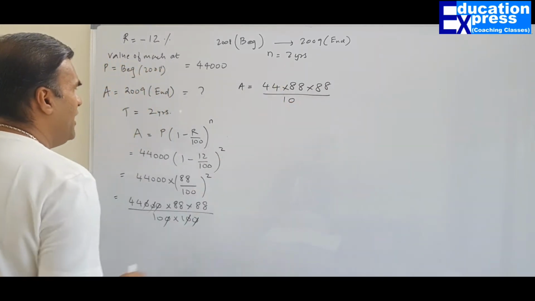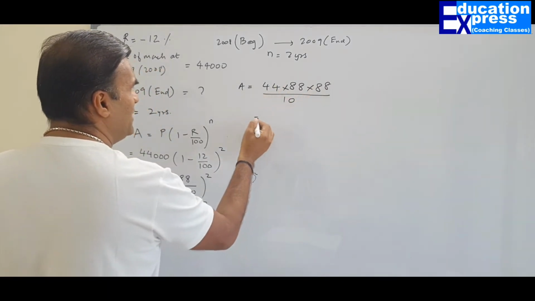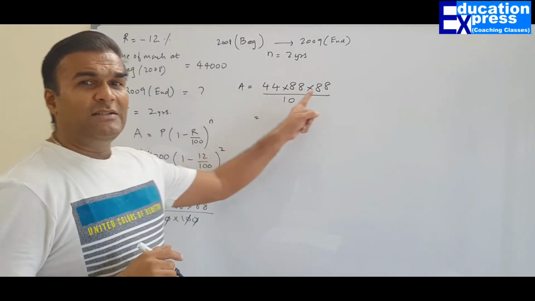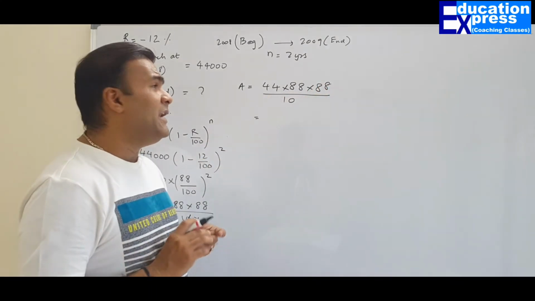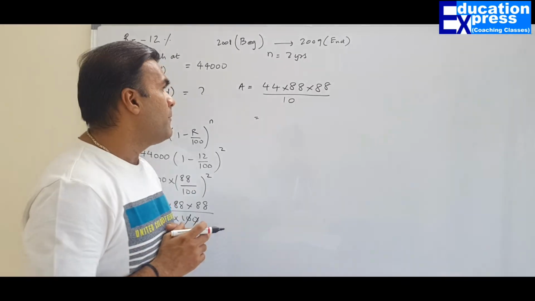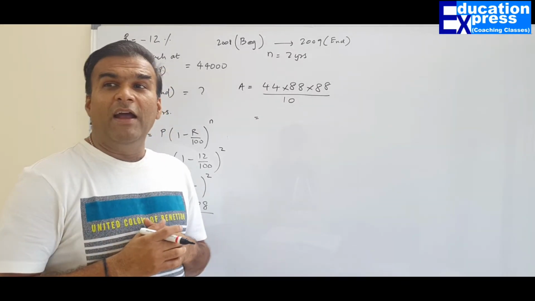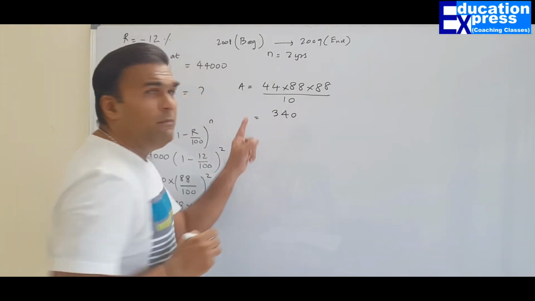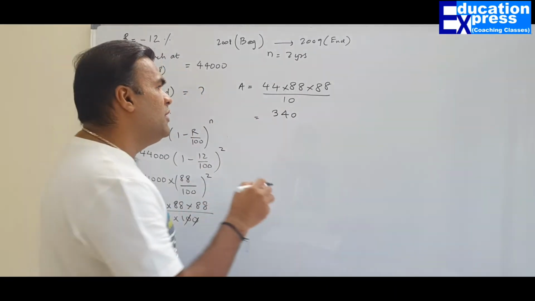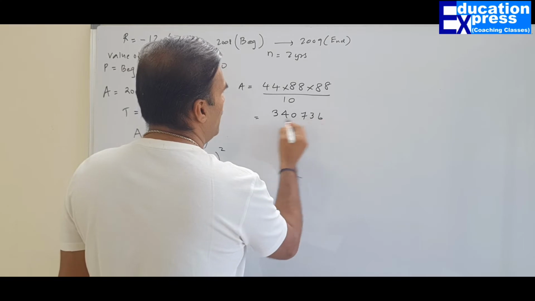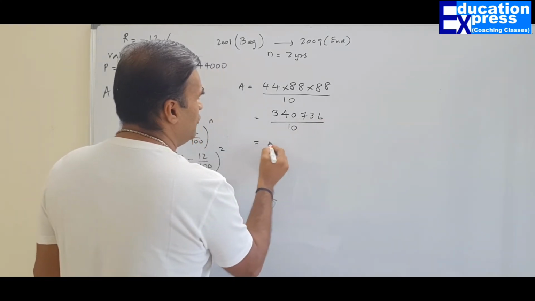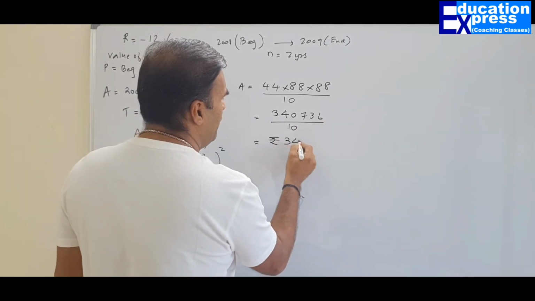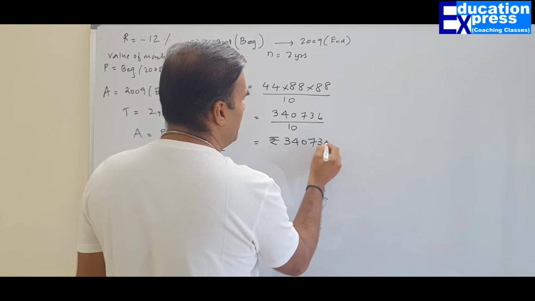We will not divide over here, we will keep this as it is. We will find the product of 88 into 44, and then divide by 10. Remember, first you multiply and then you divide, upon 10, which would be rupees 34073.60.